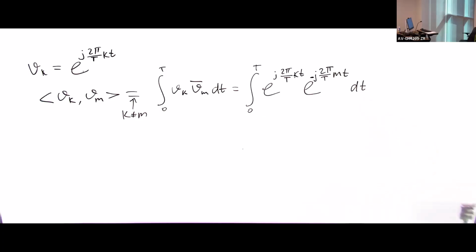So what is the bigger picture here? I'm trying to show that this basis is orthogonal, which means that all of the exponent functions are perpendicular to each other based on the definition of inner product. And this will tell me that I actually can use that formula that I used before.